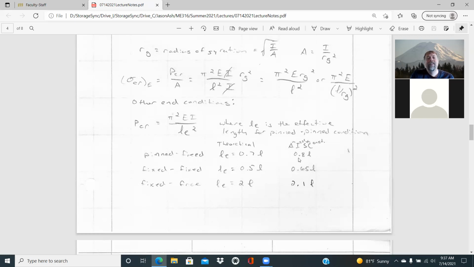They really don't want you to use the 70% of the length. They want you to consider a beam that's 80% of the actual length. All these are just slightly bumped up to have a built-in factor of safety based on that limit. In addition to these defined here, you might have additional factors of safety that are required in addition to this limit on P critical.